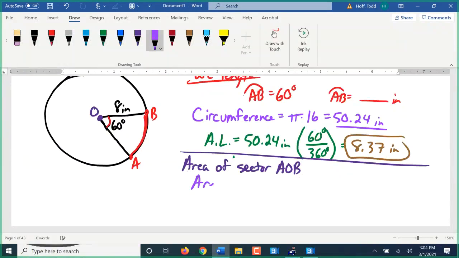Only I'm going to find the area of the whole circle. Area of the whole circle is pi times the radius squared. So pi times 8 squared, which gives us about 200.96 square inches.